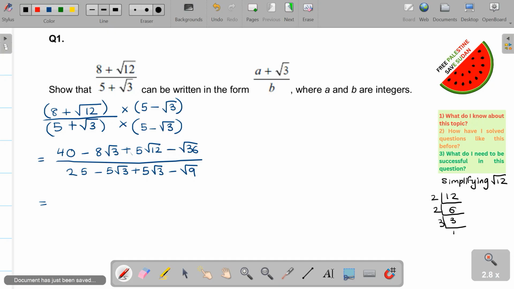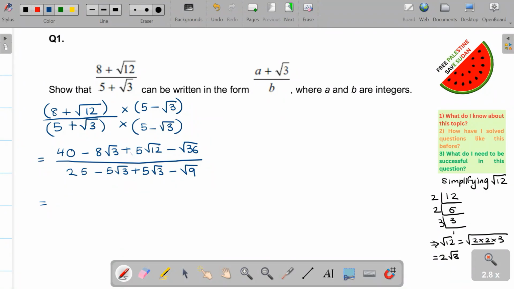So I can write root 12 as the square root of 2 times 2 times 3. And this makes a pair. 2 times 2 is 4. Square root of 4 is 2. So I can write this as 2 root 3.